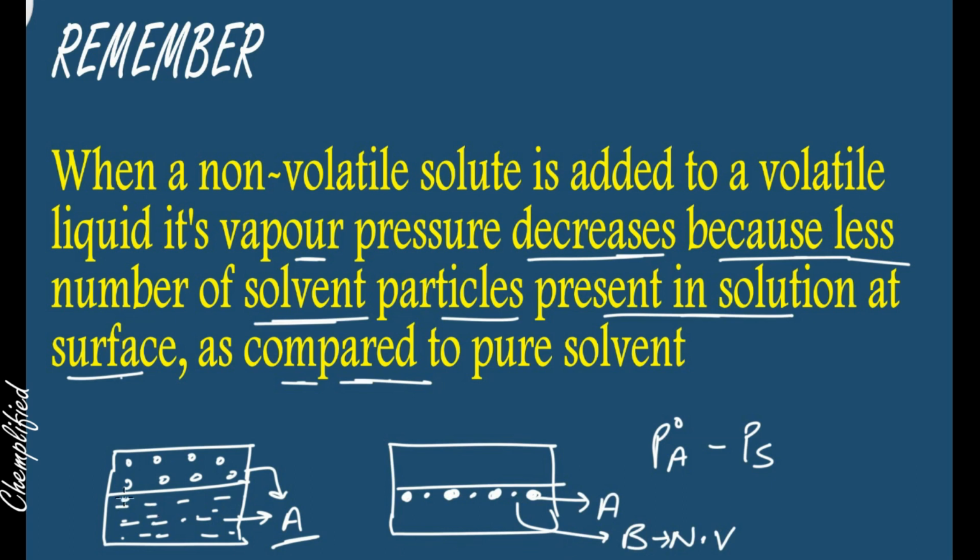In this case, all the particles on the surface were of component A, so they evaporated easily, right? So the vapor pressure was also in larger amount.